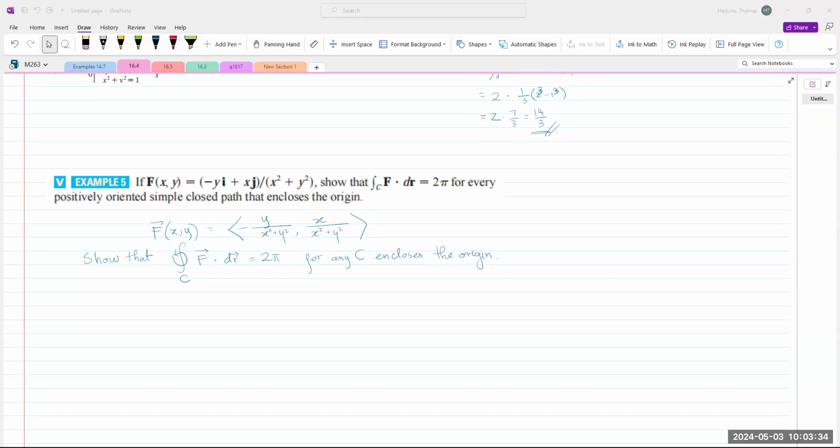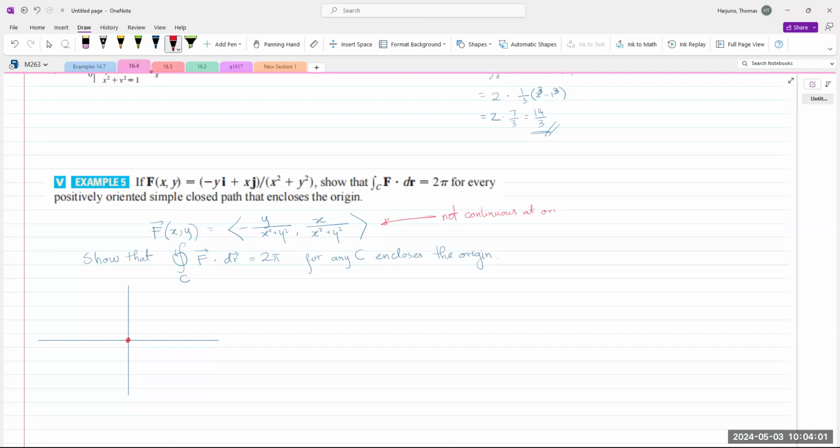Now let's see what the issue is first. The issue is this vector field is actually not defined, not continuous at the origin.